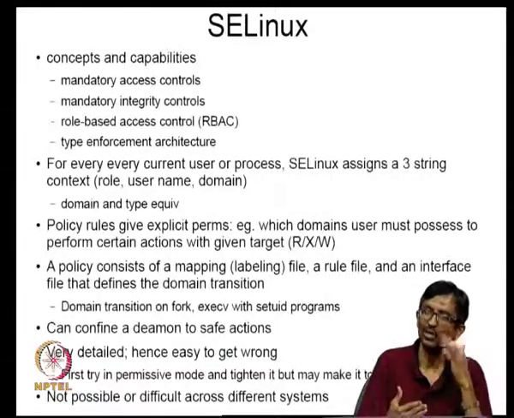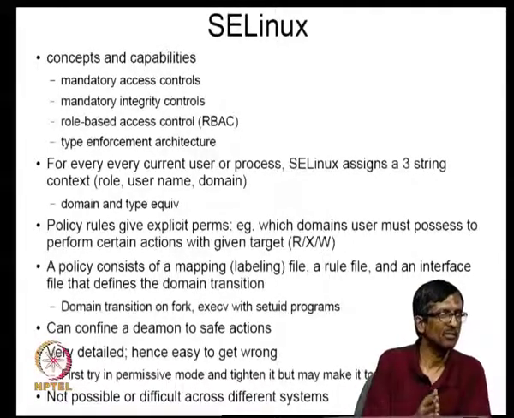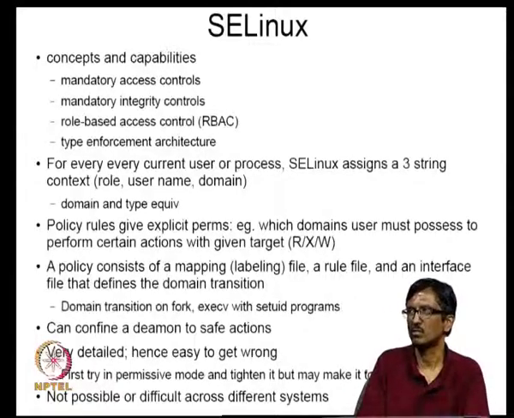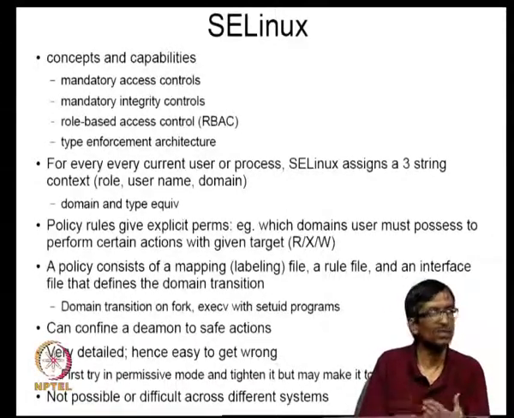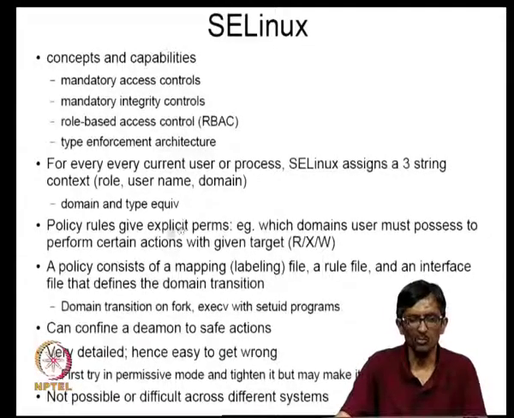You specify in your policy rules which domain can access what, and where. It is checked every single time, and if it is not satisfied, the access will not be allowed. Essentially you give policy rules, and you also specify an overall policy which tells you how to label the files, plus a rule file and an interface file that defines the domain transition.